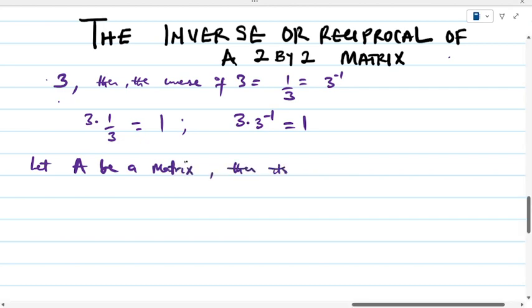Then its inverse will be A raised to the power minus 1, or 1 over A. Then A times its inverse also equals 1, and our 1 in matrices is what we call the unit matrix. You can take your time to check our video on the unit matrix.